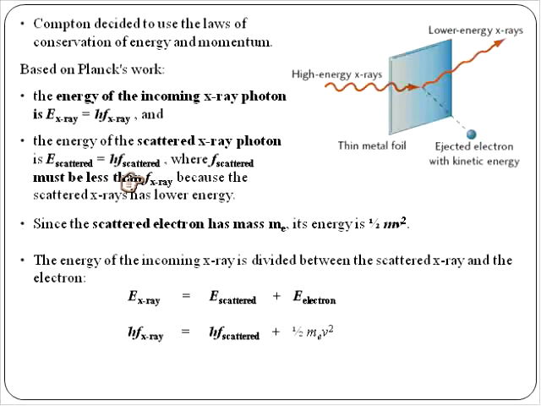So since the scattered electron has a mass, because an electron is definitely a particle, we can say its energy is just kinetic energy, which is one half mv squared. So this is what Compton came up with. This was his equation. And this is essentially how he measured the wavelength or frequency of the scattered X-ray photon.